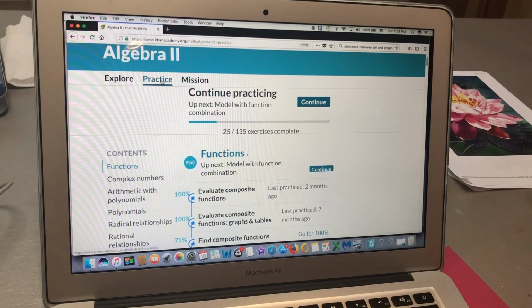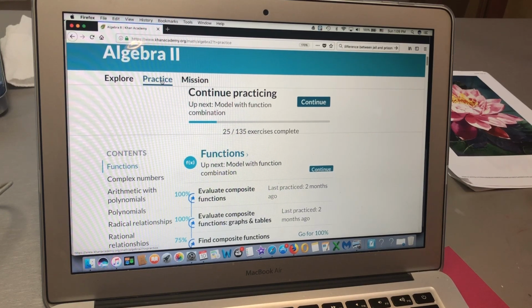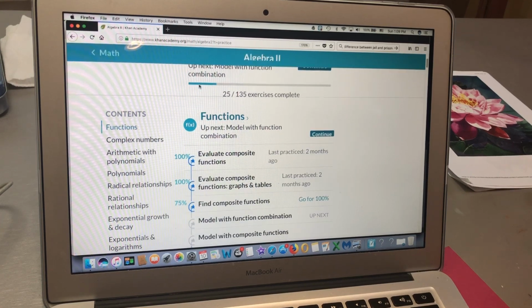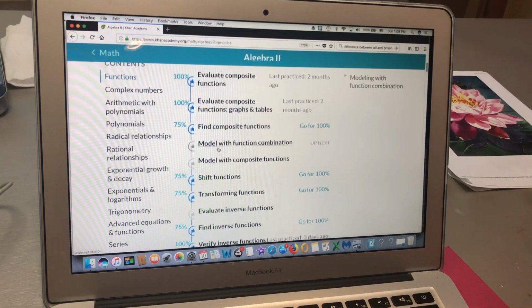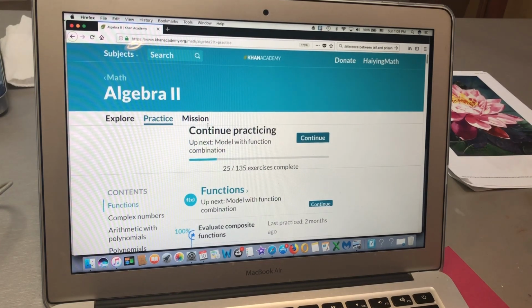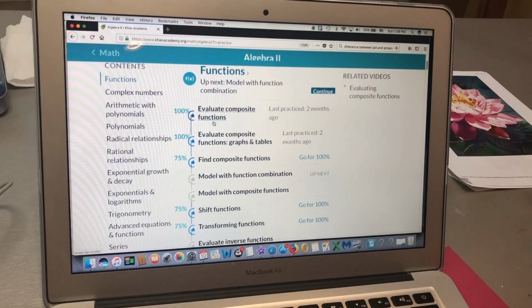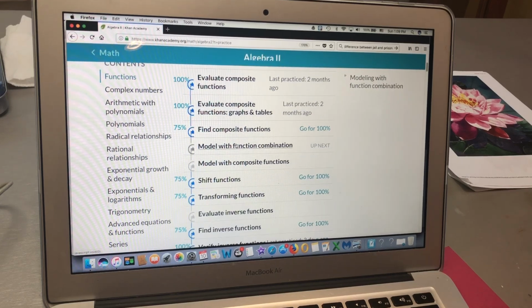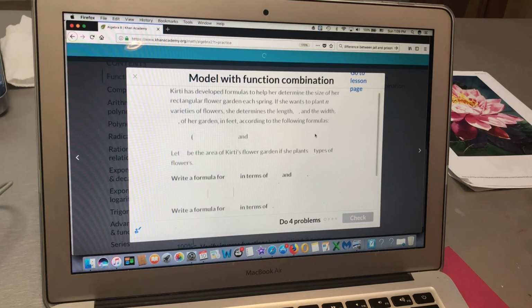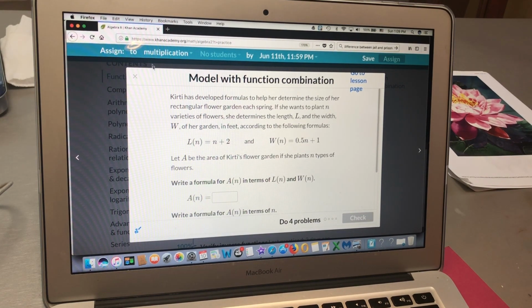Tests are a very effective way of learning. So there is practice. I have done a lot of them, and you can see anything in maths. They usually have a lot of practice. So this one is model with function combination.